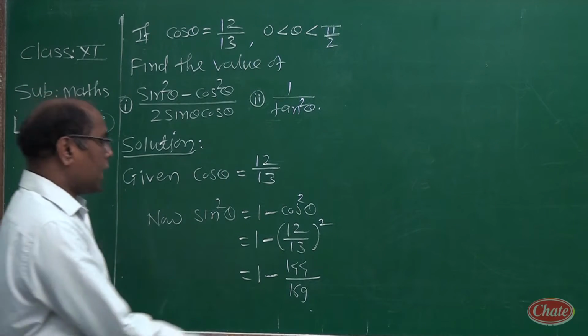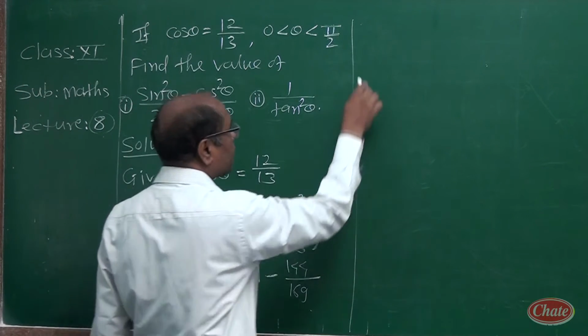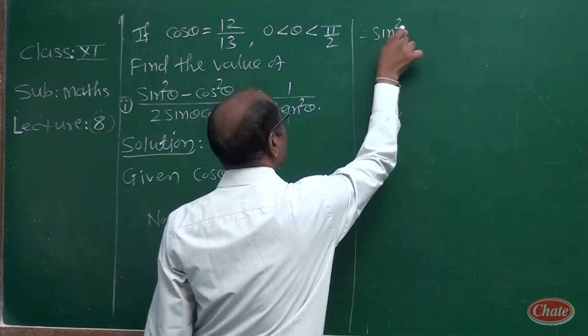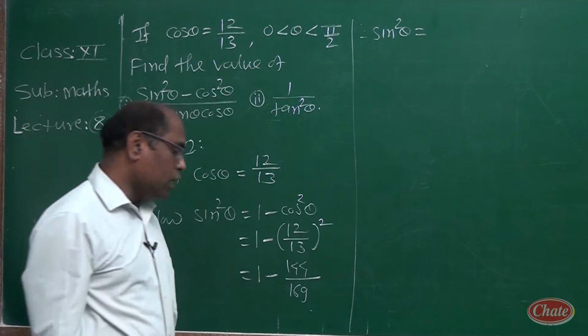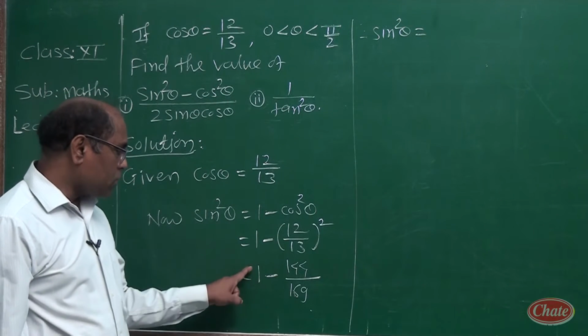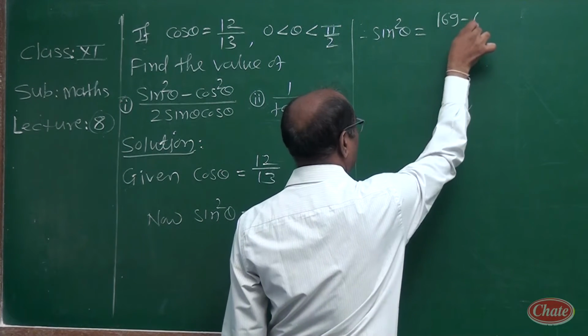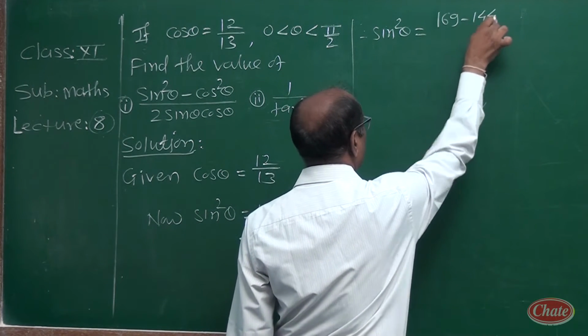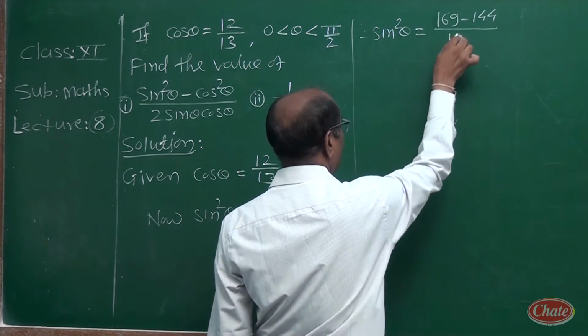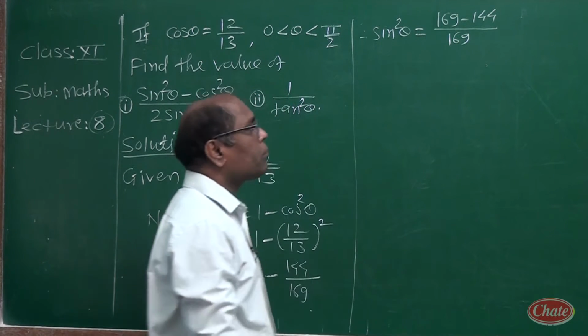So therefore sin square theta is equal to, now here we take the cross multiplication, 169 minus 144 divided by 169.